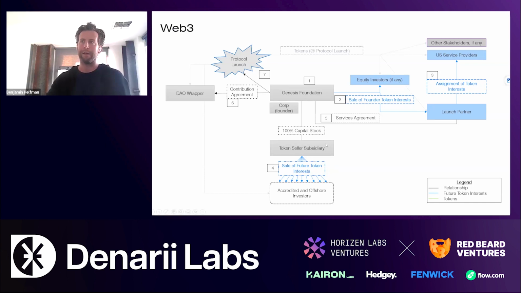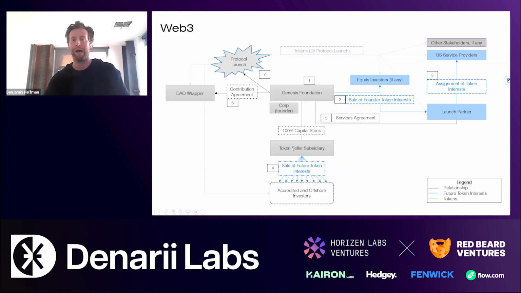And one of the features of the Genesis Foundation is that it's a non-commercial entity, so it cannot engage in commercial activity. So you need the token seller subsidiary sitting below it in order to take certain commercial actions.